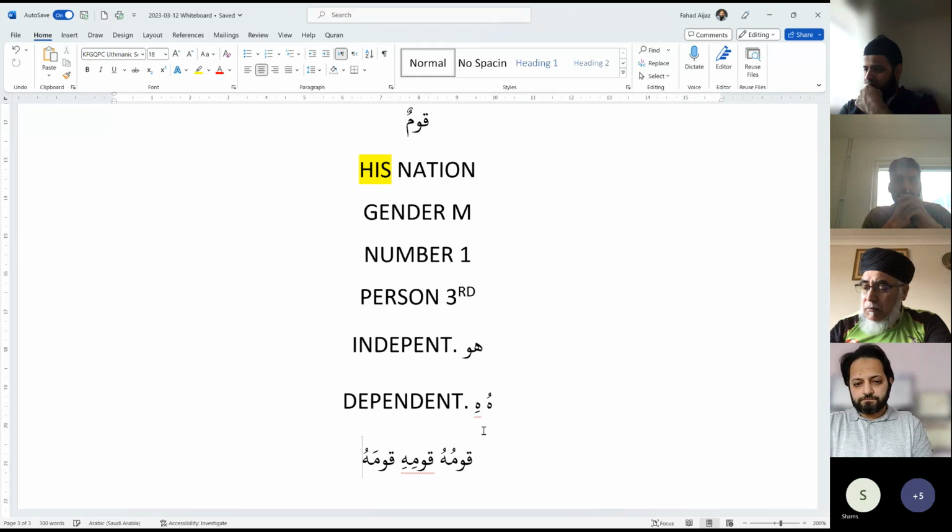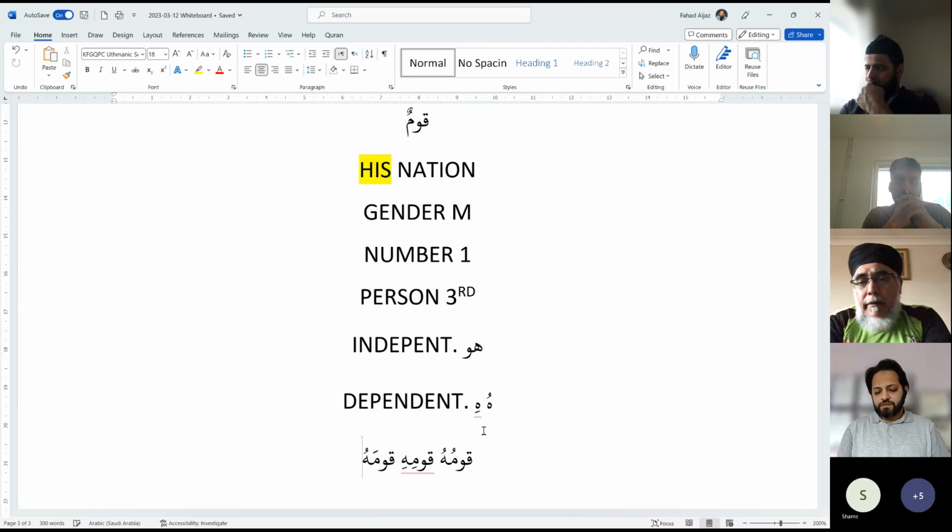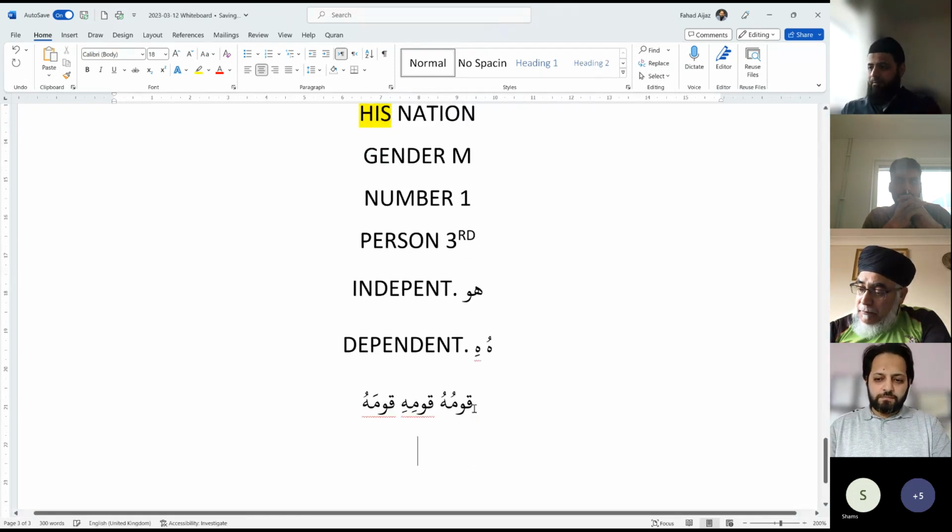All of these three mean his nation. But the context of the ayah will tell you what role it plays in the overall sentence. You understand the thinking? Okay.